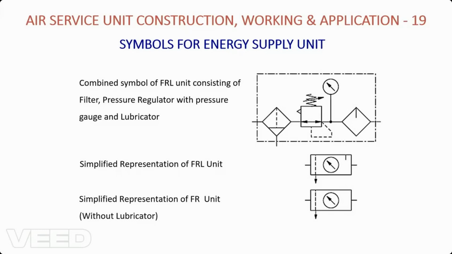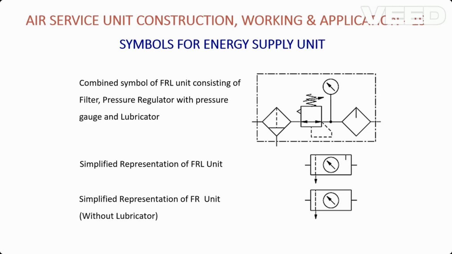Next, as we saw in one of our videos, we have a combination of multiple components called the air service unit, where we can see a filter with drain, an air pressure regulator valve attached with a dial indicator, dial gauge or pressure gauge, and a lubricator.